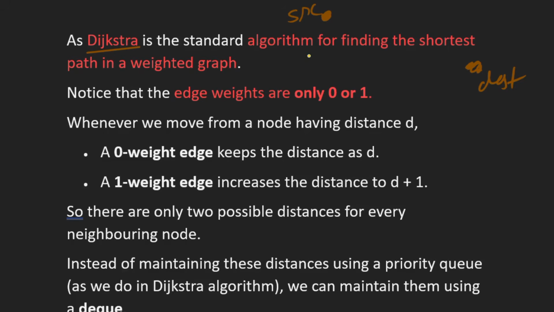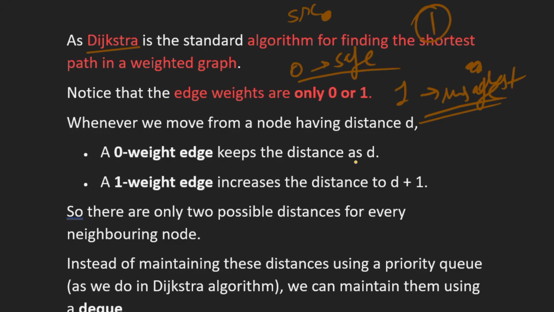But here we have only two edge weights: either the edge weight is 0 when we move to a safe cell, or it is 1 when we move to an unsafe cell. So we can use Dijkstra over here.